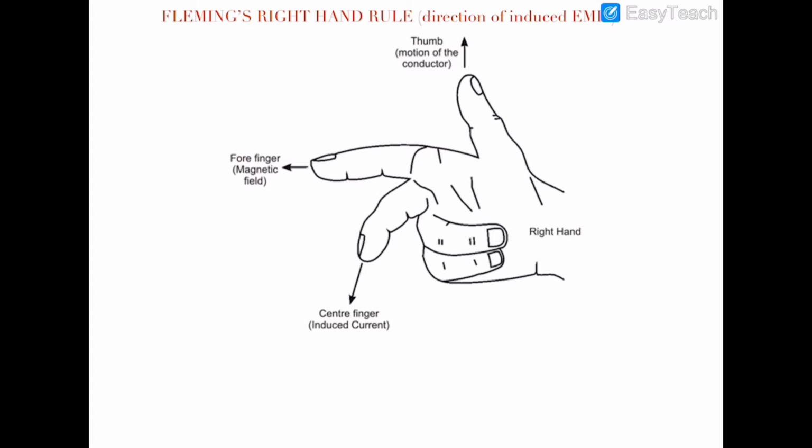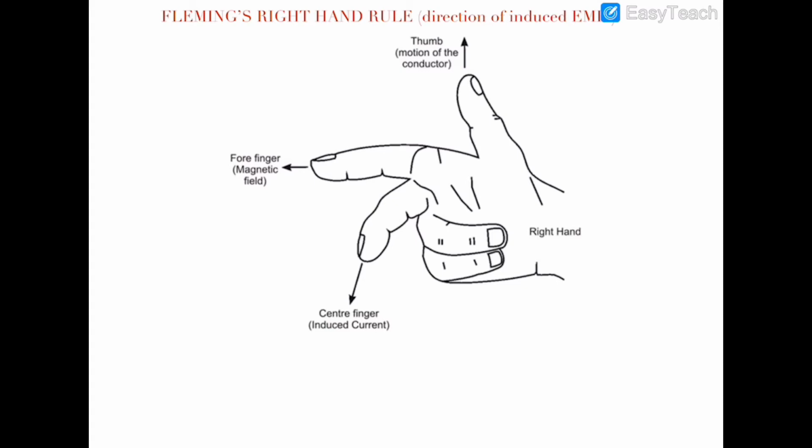According to this right hand rule, when you stretch the first two fingers and thumb of your right hand perpendicular to each other, the thumb points in the direction of motion of the conductor, the first finger points in the direction of magnetic field, and the center finger points in the direction of current, otherwise the positive terminal of induced EMF.